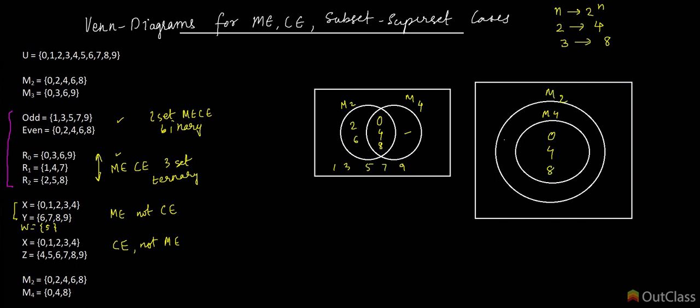M2 has an additional 2 and a 6, and outside M2 is your 1, 3, 5, 7, 9. This is what we do with the subset superset case. These are all examples of cases where you don't need a general n-set Venn diagram because some of those regions are empty.